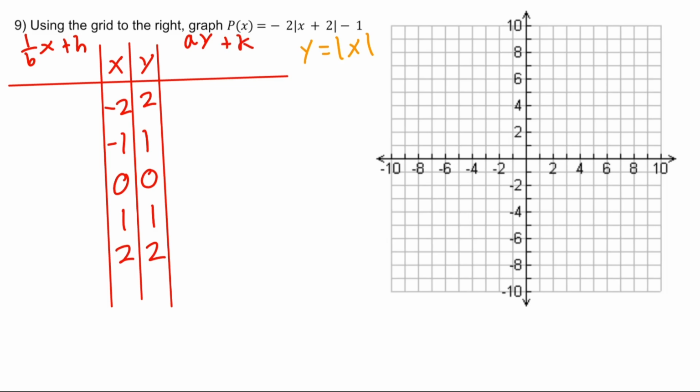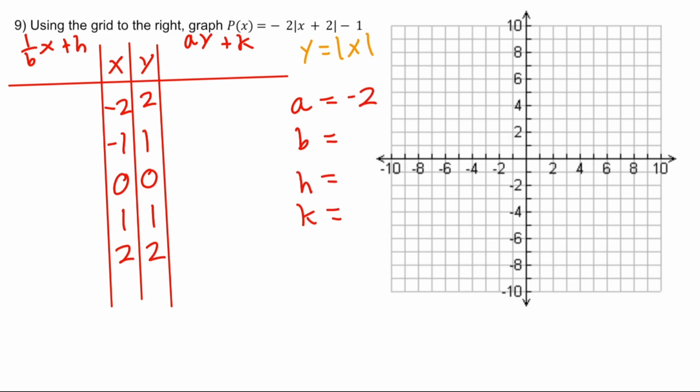And now, hopefully we can see that we have an a, b, h, and k value. So, what we're going to have to do now is we're going to have to identify a, b, h, and k. So what is our a, what is our b, what is our h, what is our k?